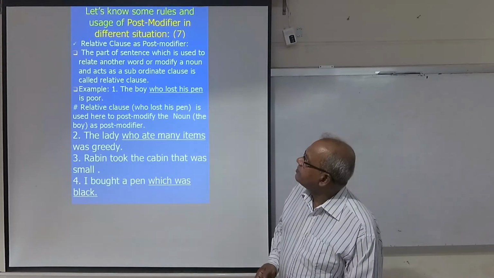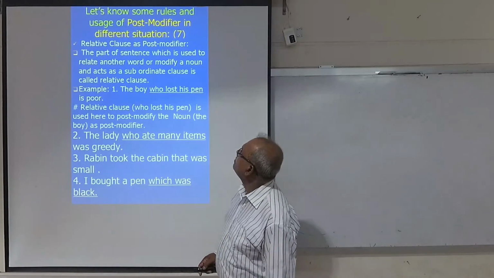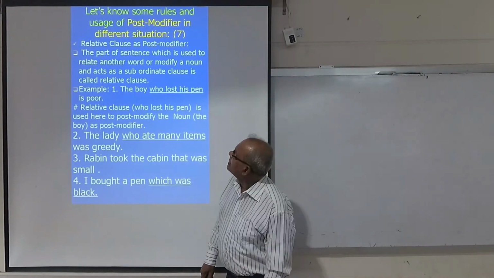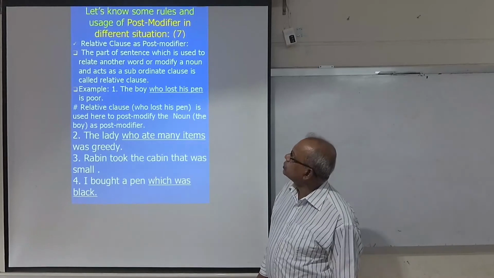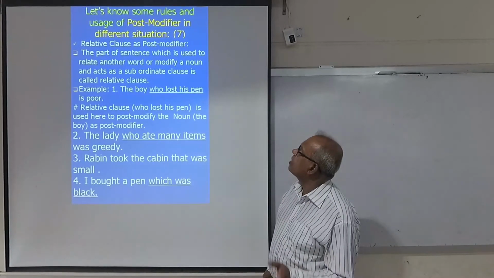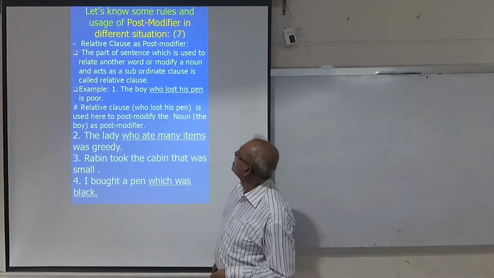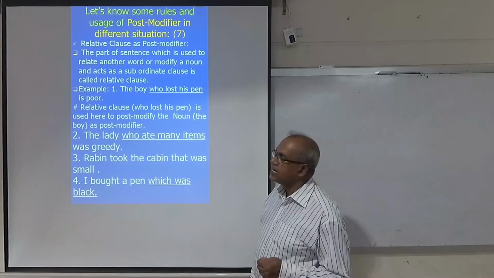Now see relative clause as post modifier. A relative clause is the part of a sentence which is used to relate another word or modify a noun and acts as a subordinate clause.